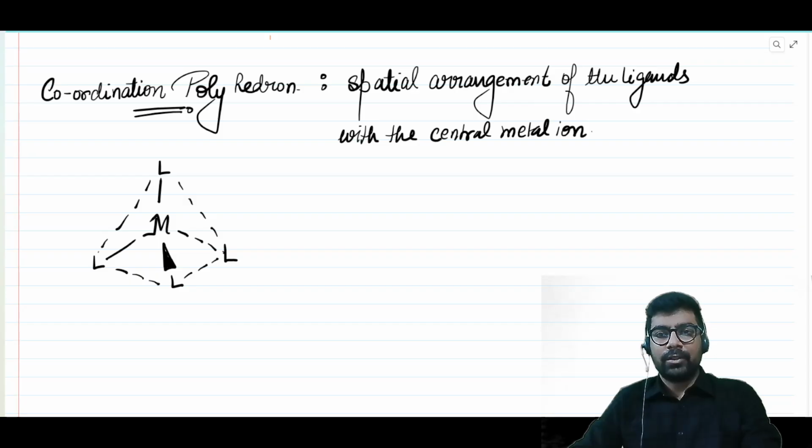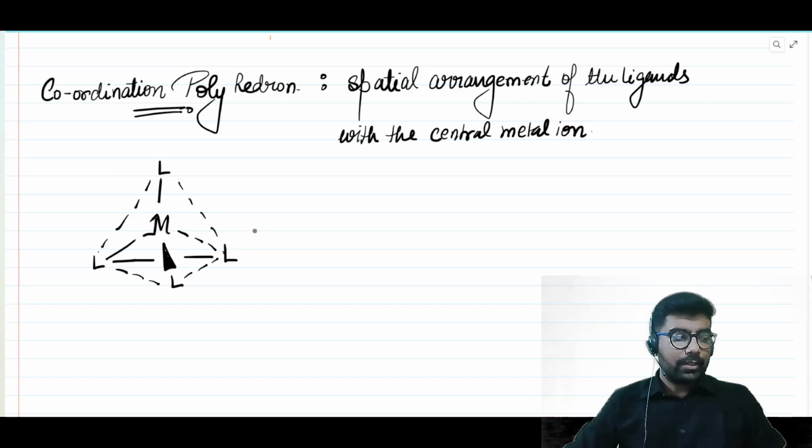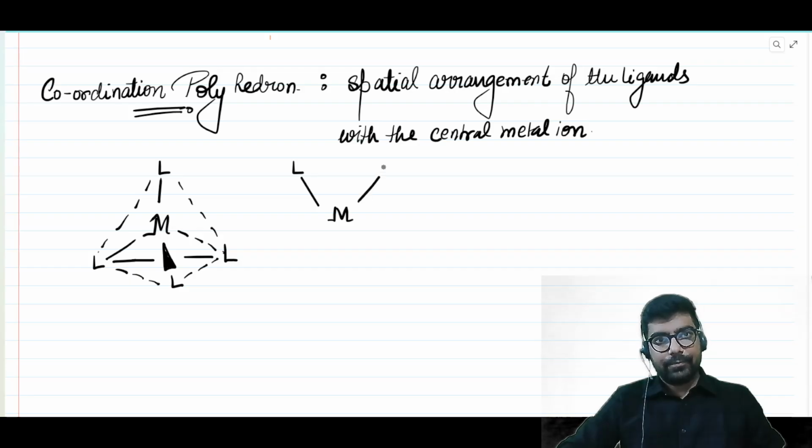The shape of this molecule is tetrahedral. Examples are methane. You have seen CH4, something like this. Again, there can be another shape also. If there are four ligands and a metal, the four ligands will take place at the four corners of a square.